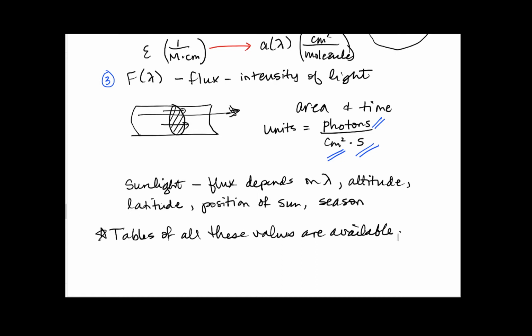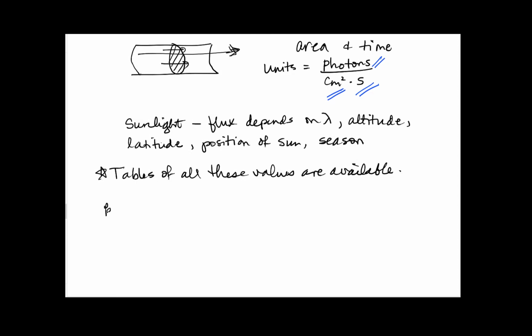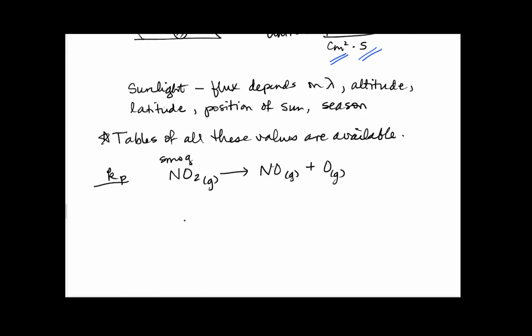Okay, so let's go ahead and try a sample calculation of the photolysis rate constant, Kp. We're going to look at the reaction of nitrogen dioxide gas. This is a brownish gas that's associated with smog. If you've ever seen smog, often on a winter afternoon, that brownish haze is actually nitrogen dioxide gas. It's not just dust in the air.